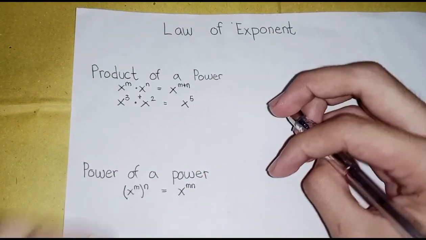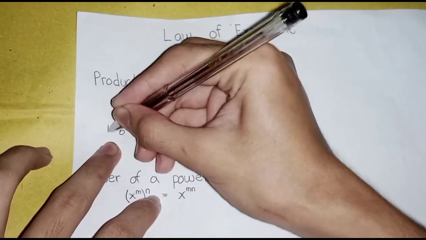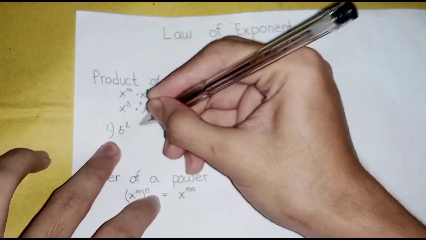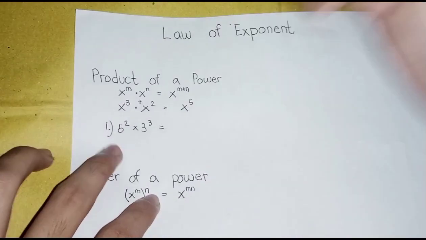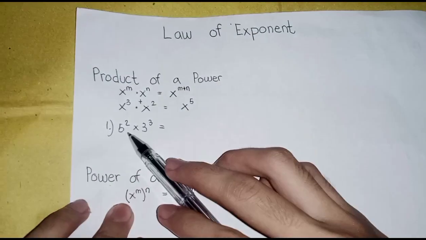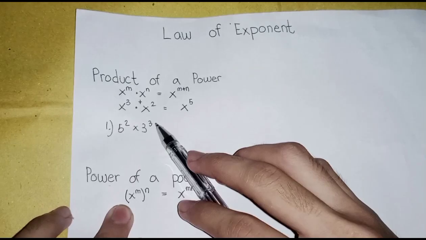So, example naman tayo sa numbers. Number 1, 5 raised to 2 times 3 raised to 3. Kapag ganito naman, squared muna natin ang 5 at i-cube natin muna ang 3.